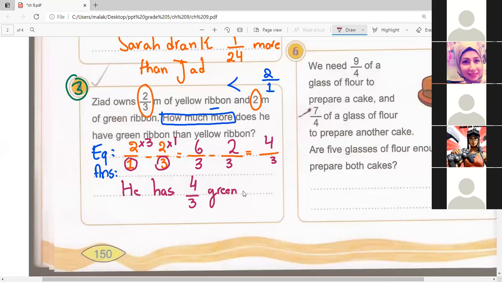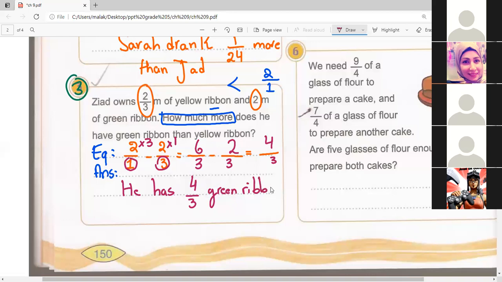Is it less or more than 1? More than 1. Excellent, because it's an improper fraction. Bravo Mahdi, improper. Bravo Ayman. He has 4 over 3 green ribbon more than yellow ribbon.